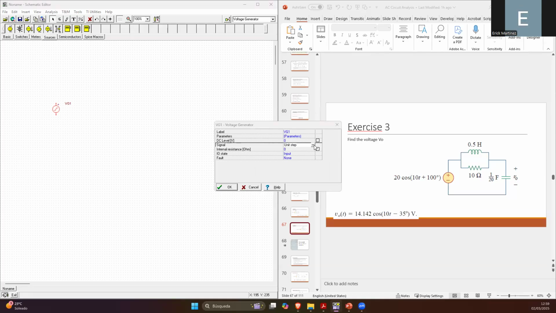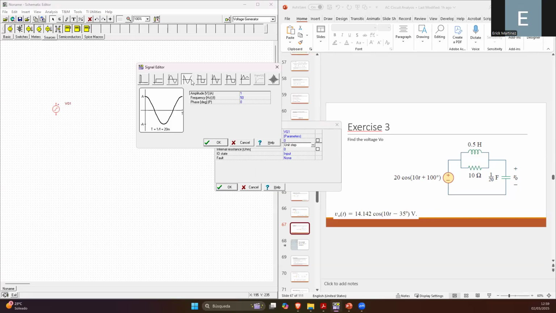Here you will see that you can configure the different components of the sinusoid.